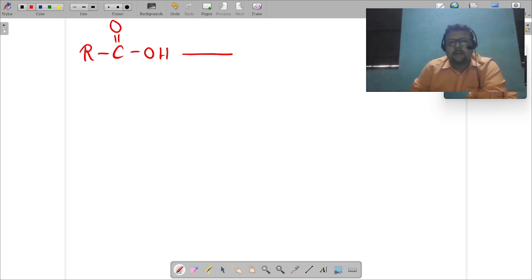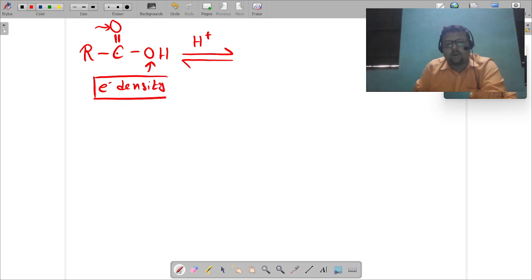At the beginning of this reaction, the H plus produced by the sulfuric acid or hydrochloric acid attacks this oxygen atom. Now why specifically this oxygen atom and why not this one? Because look, here we have a double bond between carbon and oxygen, meaning the electron density is more in this area than in this case.